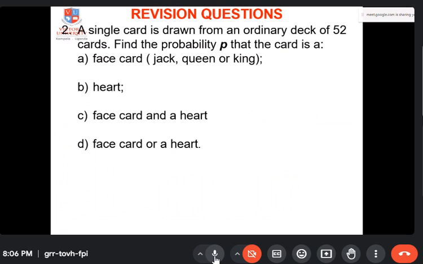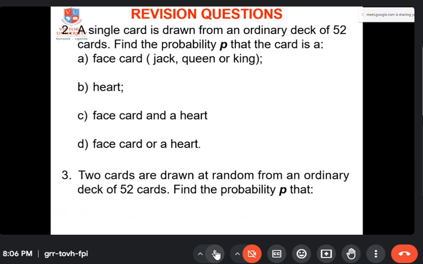Should be 22 out of 52. Very good. Which is 11 out of what? 26. Is that right? It should be 11 out of 26 when you reduce that. Okay.